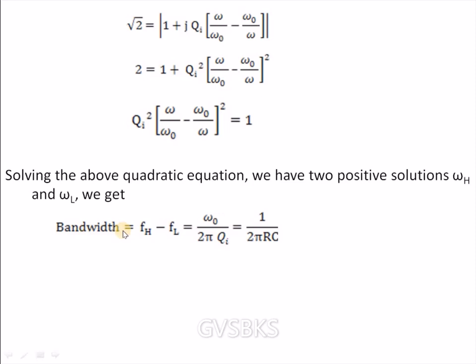If we know the bandwidth, by just assuming the value of C, we can get the R value in order to construct a tuned amplifier. If we know the Q factor and bandwidth, we can calculate the resonant frequency. Like that, we can calculate from the above equation. This bandwidth equal to 1 by 2 pi RC is very important in order to do some problems.